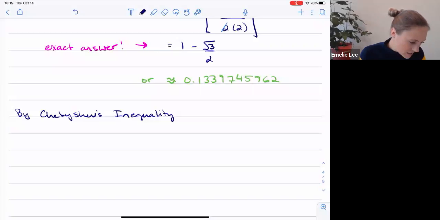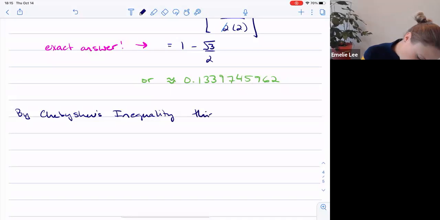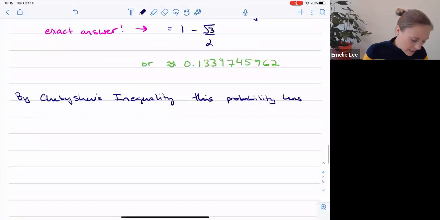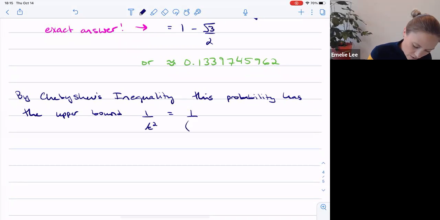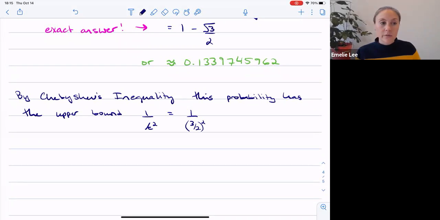And so by Chebyshev's inequality, this probability has the upper bound 1 over k squared, which is 1 over, remember k, we decided we were going to try 3 over 2.